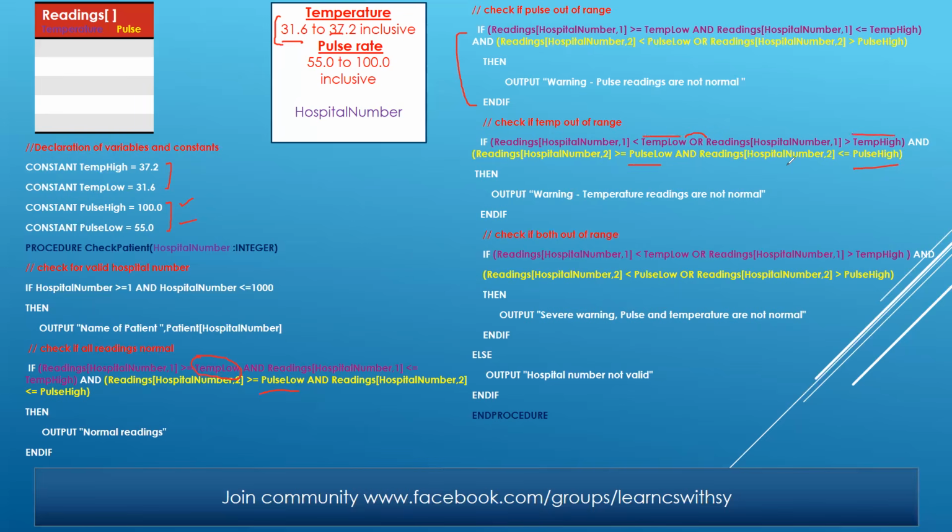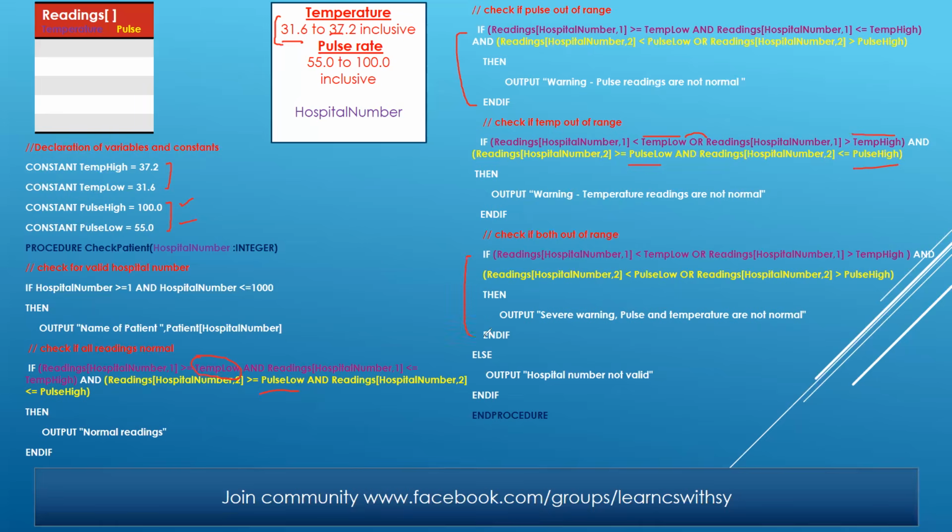Be very cautious before you proceed: the use of the right operators, the right constants, the right array locations, and you are through. Just a little bit of caution is needed from the beginning till the end of writing down the pseudocode. Isn't it a piece of cake now? That's wonderful. I'm really very happy. Then output warning, temperature readings are not normal, and end if. Any questions?